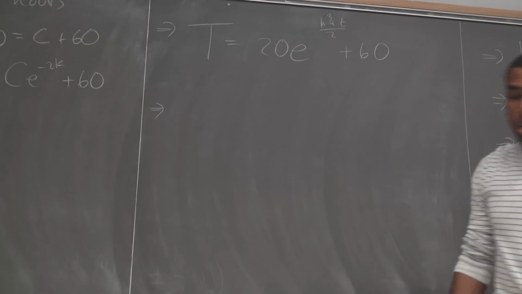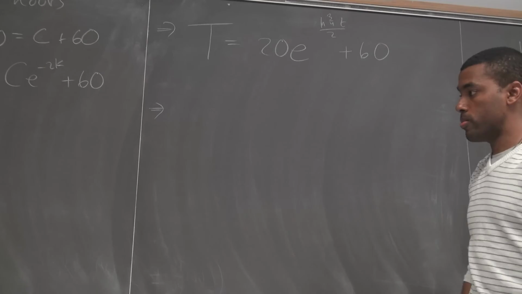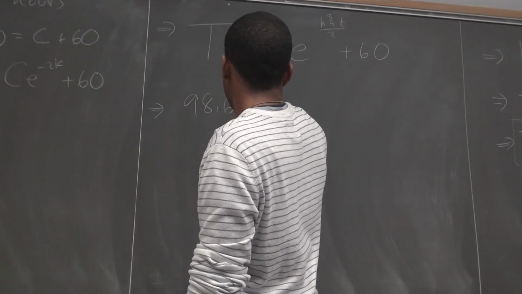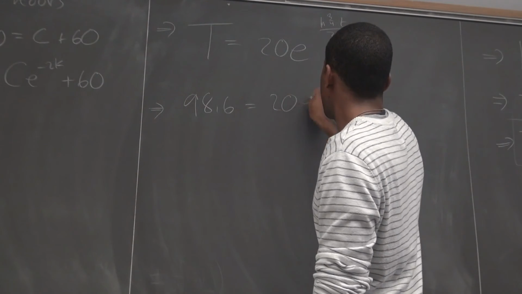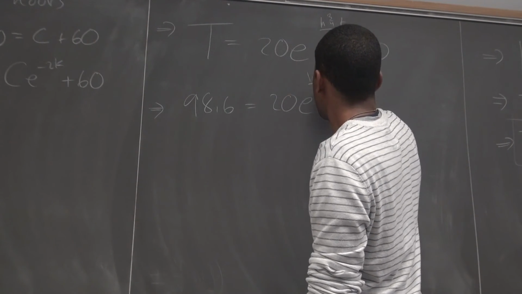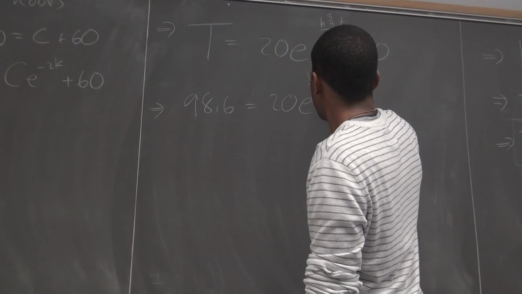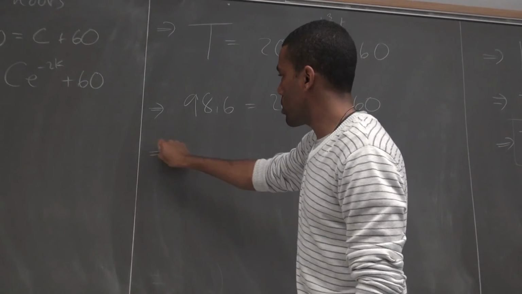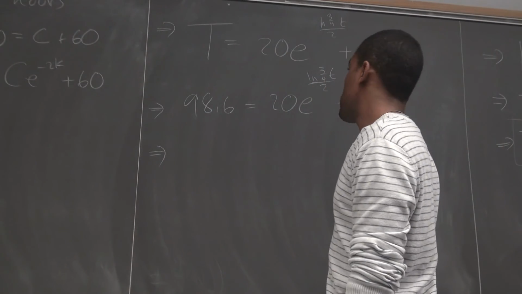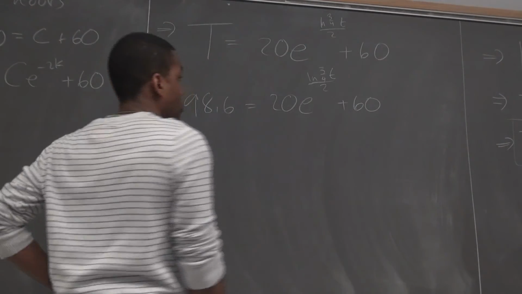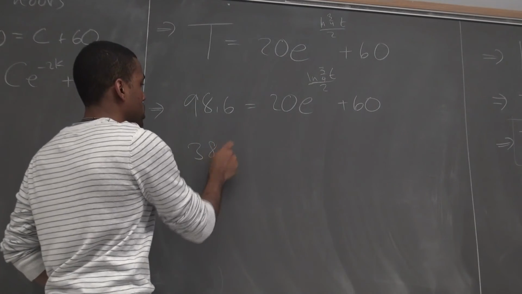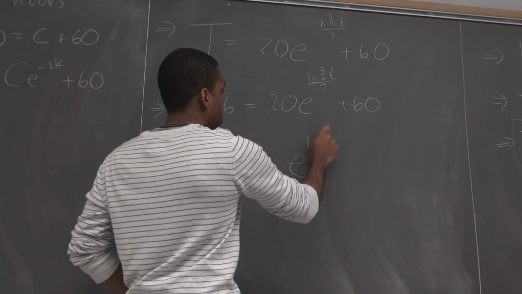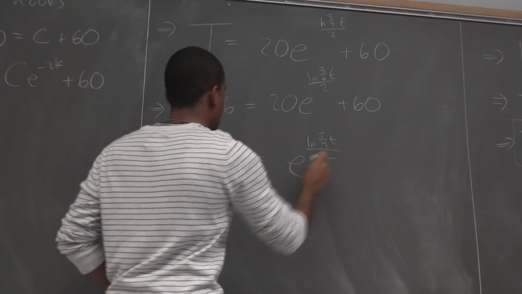All right, so now what? How do we figure this out? Plug in 98.6 and solve for t. What is the solution here? It's 38.6 divided by 20 equals e to the ln 3/4 t over 2.